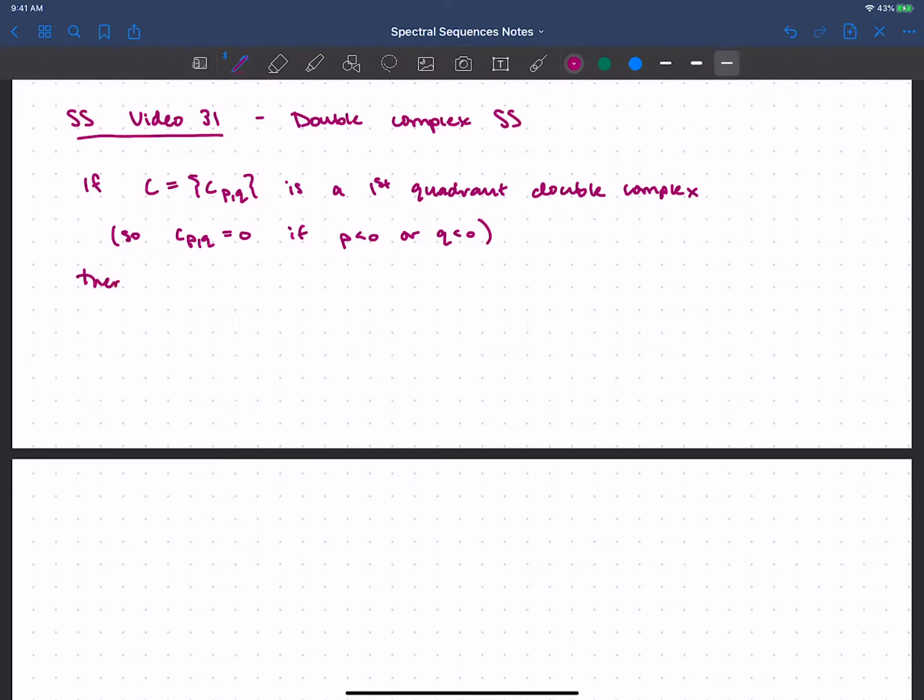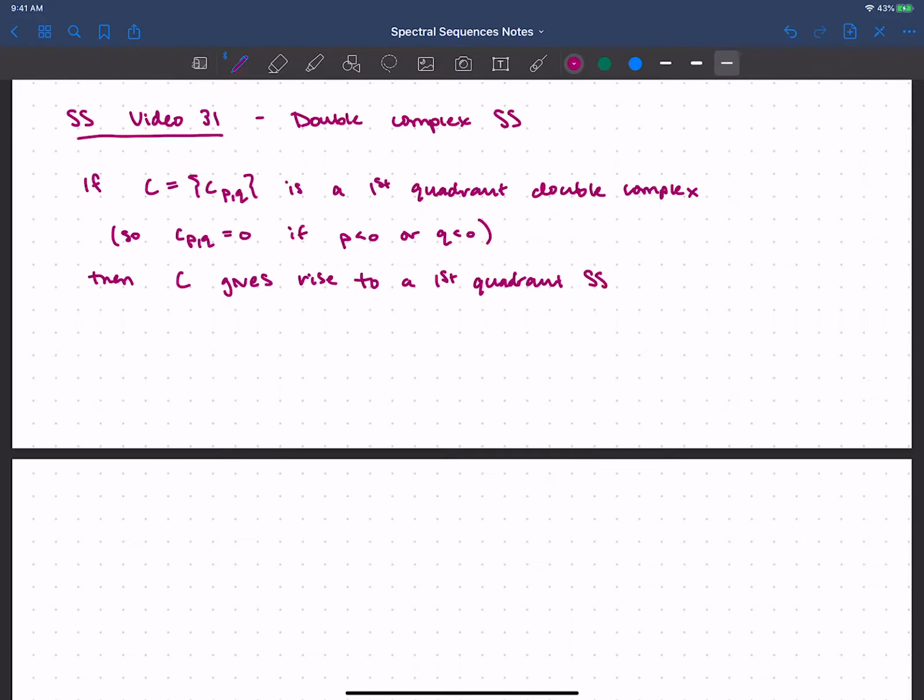And the claim is that in this nice situation, C gives rise to a spectral sequence. Oh, sorry, a first quadrant spectral sequence. Maybe that's kind of obvious, but let's be precise here.